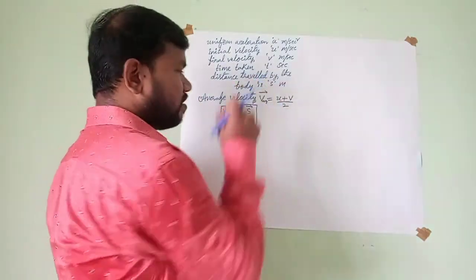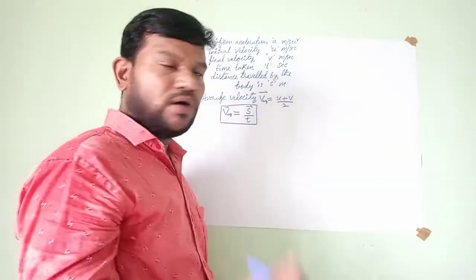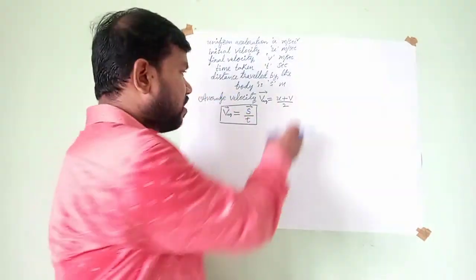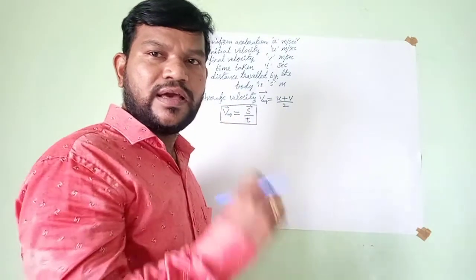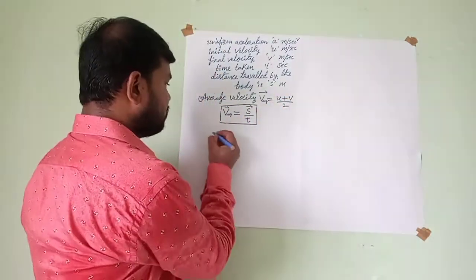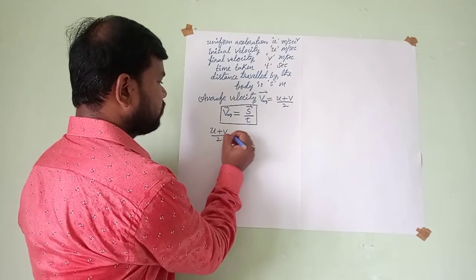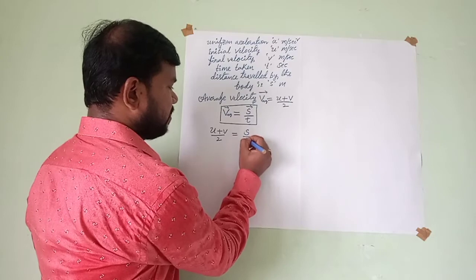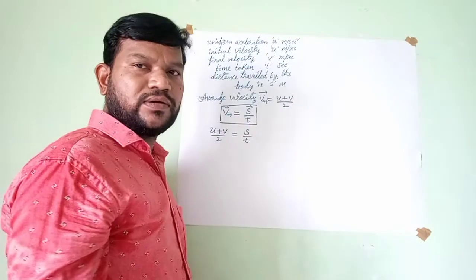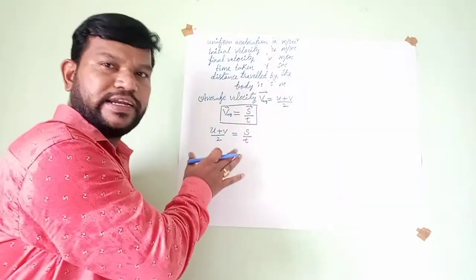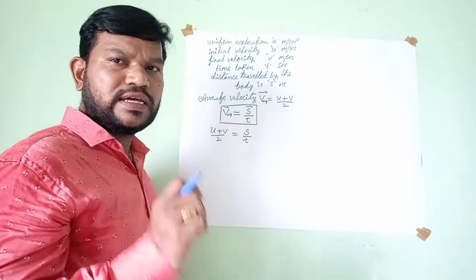Average velocity, as we know, is the initial velocity plus final velocity by 2. So now, instead of average velocity, I am writing the arithmetic mean of initial and final velocity. See, students, observe: (u + v)/2 is equal to S/T. Observe clearly. The derivation of the second kinematic equation is very easy.